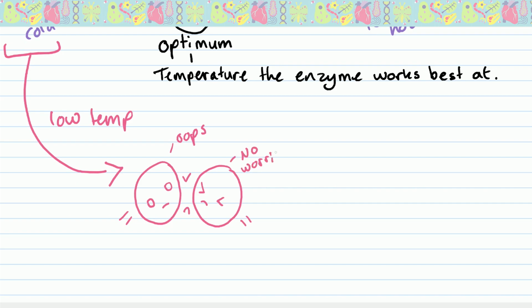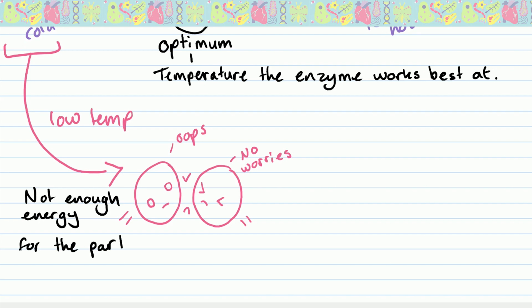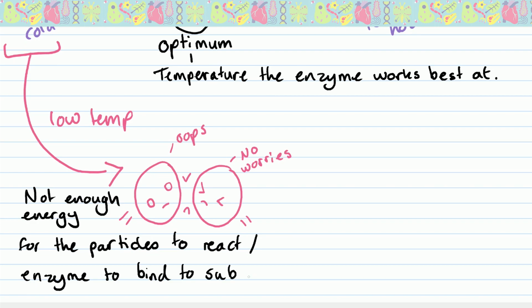You're going to knock into each other, but not much is going to happen. So in a chemical reaction, if particles do hit together, that's great, but unless they're hitting together with enough energy, they aren't going to react. So if particles come into contact and they don't have much energy, they're not going to bind, and that's going to be a slower reaction.